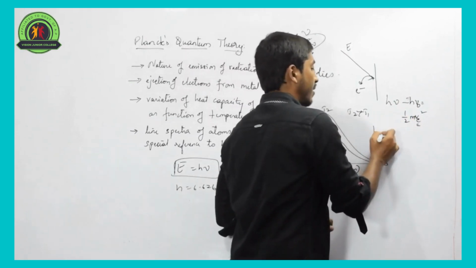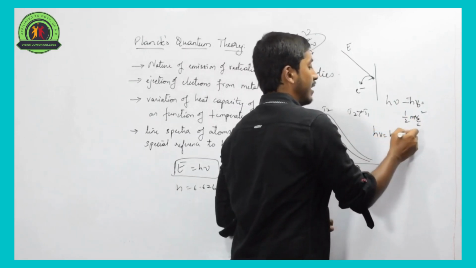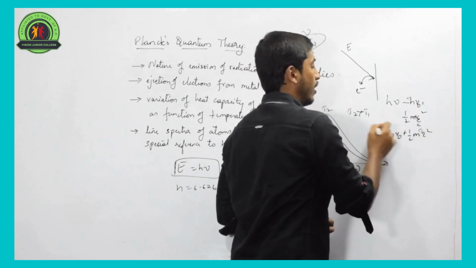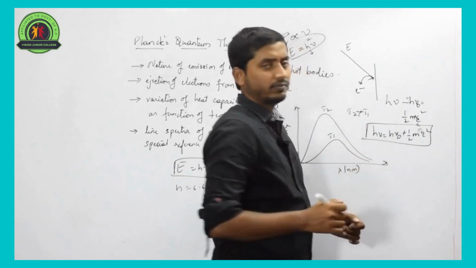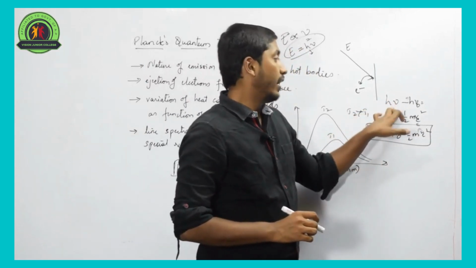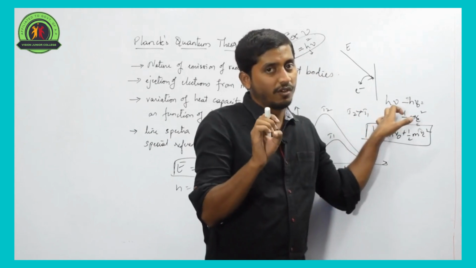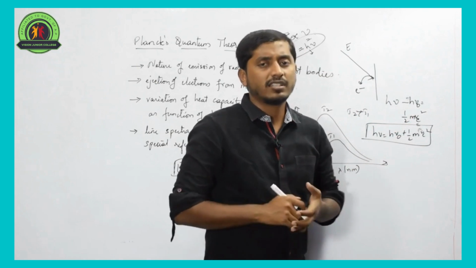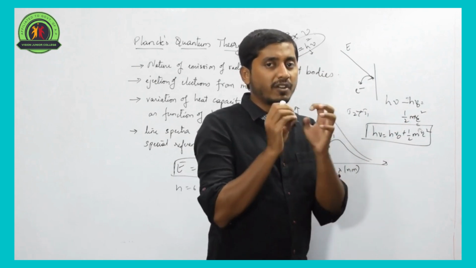Is it clear? From this, Max Planck tells that this is a kind of photoelectric effect. Once again let me tell you, it initially has some h nu of energy. It should cross its threshold value. What is its threshold value? The minimum amount of energy.